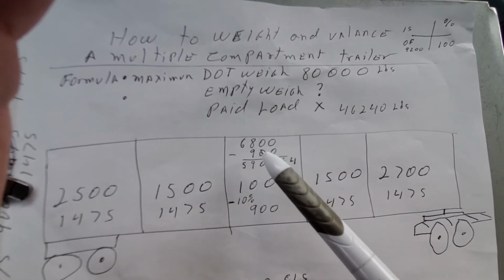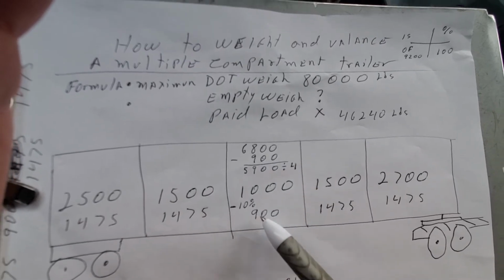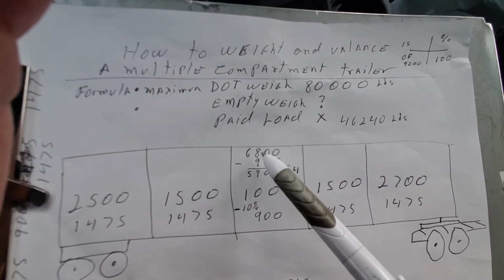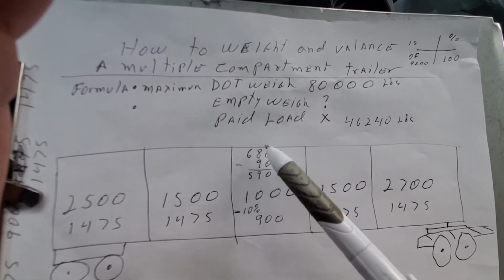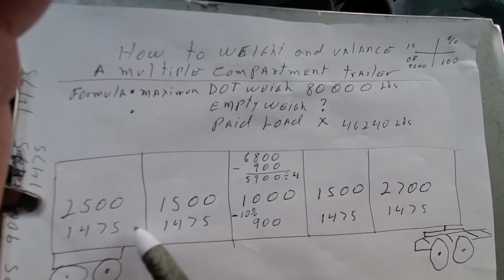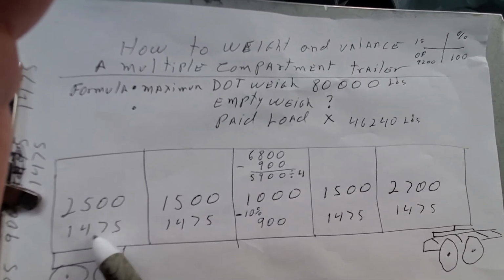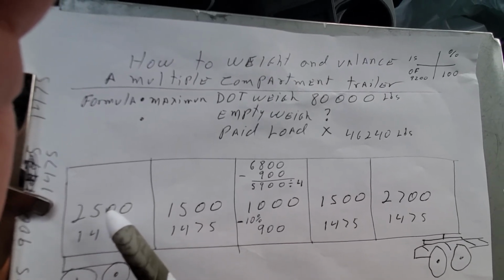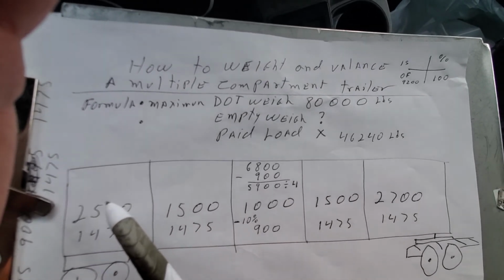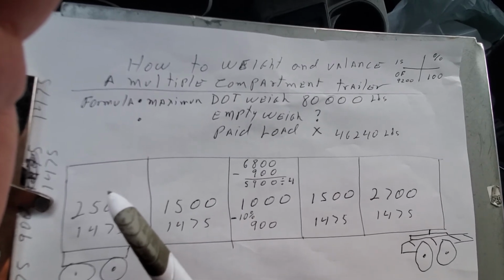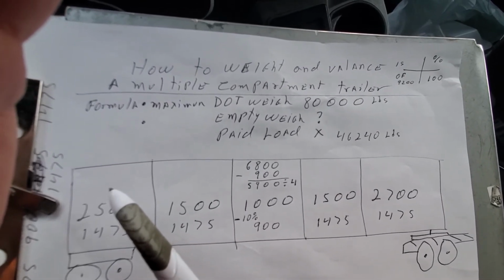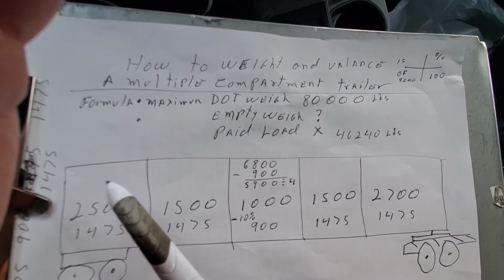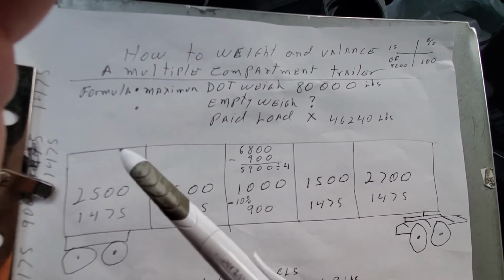You see, the highest level on the tank, 900, is 90% of this tank. But this one, 1475, is what? Let me calculate that.